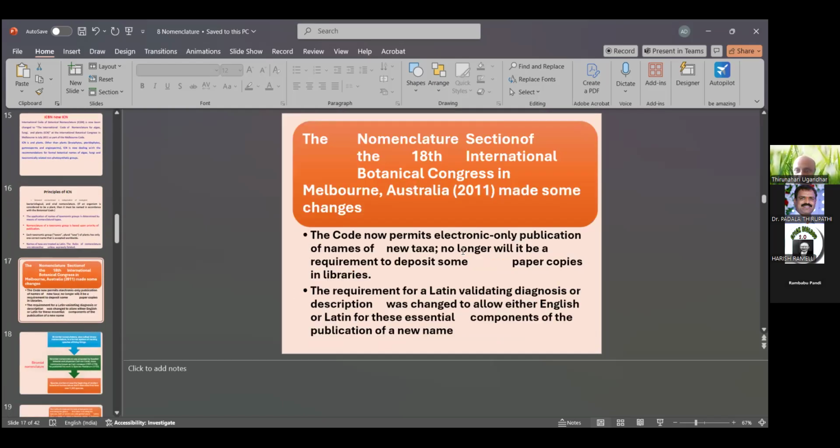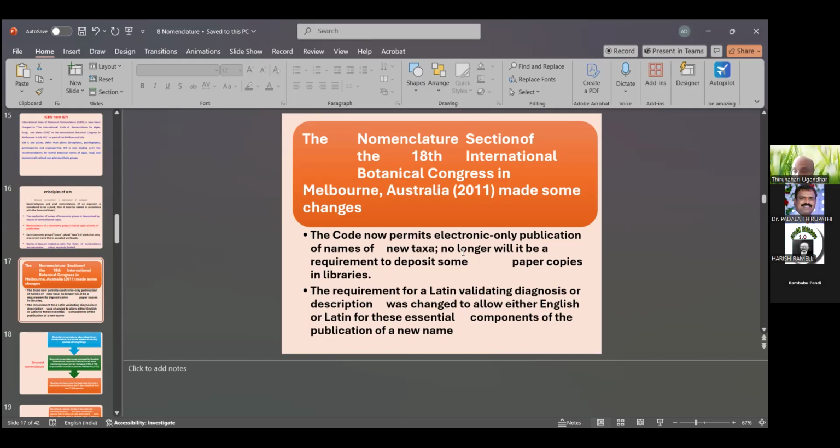The nomenclature section: the 18th International Botanical Congress in Melbourne, Australia, 2011, made some changes. The code now permits electronic-only publication of new names, also called taxa.